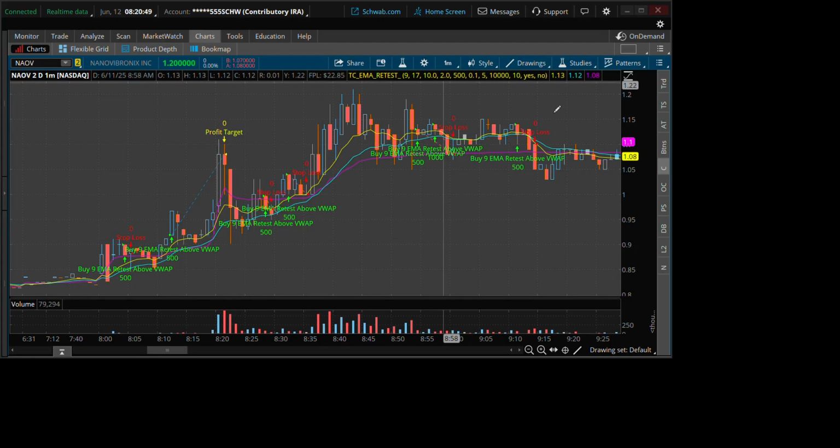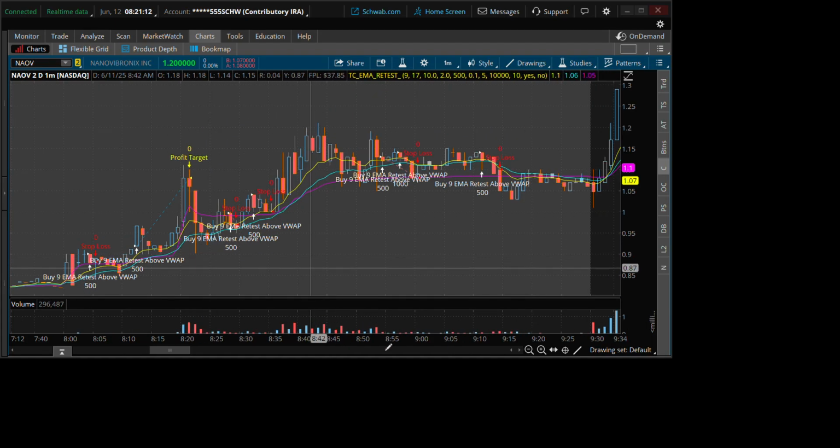You can change the colors on these. If you click study, click the wheel, go in here, you can change it to what colors you want. Profit target, stop loss red. I think mine was white on the other one. Hit OK, apply. There you go. It looks just like mine does.